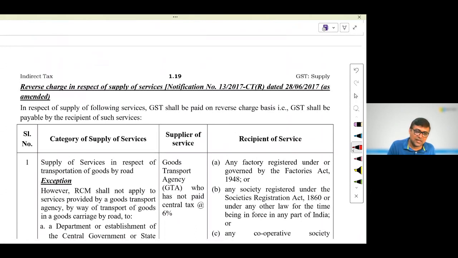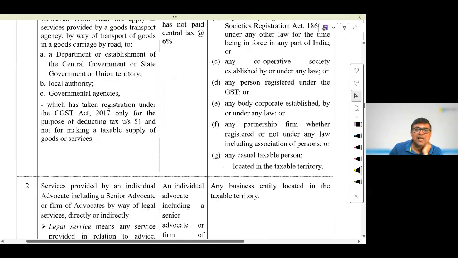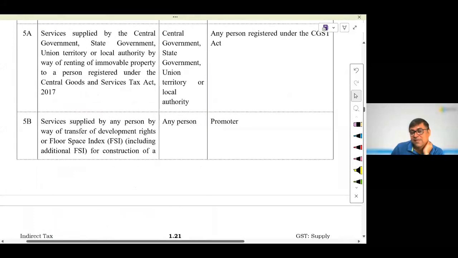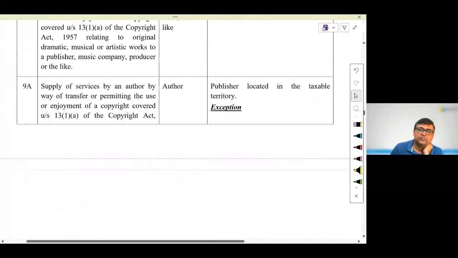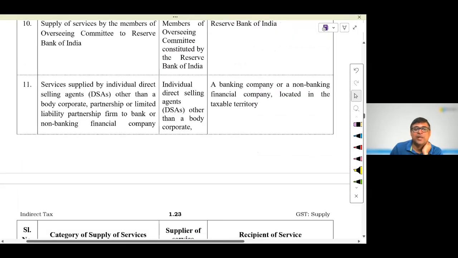If you are supplying services which are prescribed here, in those situations, the recipient of services is supposed to pay tax on these types of services. I'm not going into these goods or services one by one. These are the basic idea. You are supposed to go through this table, which is available in your study material.